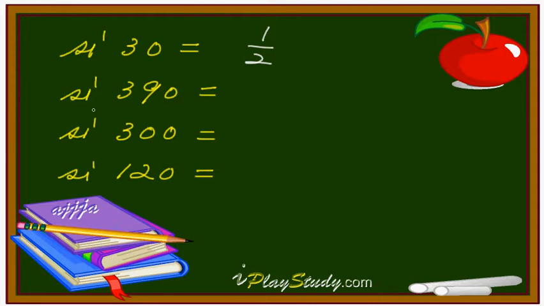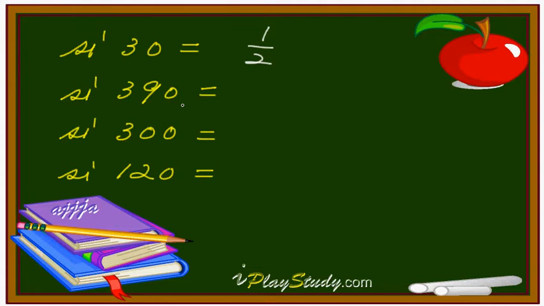So now, what about sine 390? What about 300? What about 120? Sine 390 is easy because every 360 is going to be the same thing over and over, repeating the same thing. That means 360, which is one circle, so we can subtract it away.